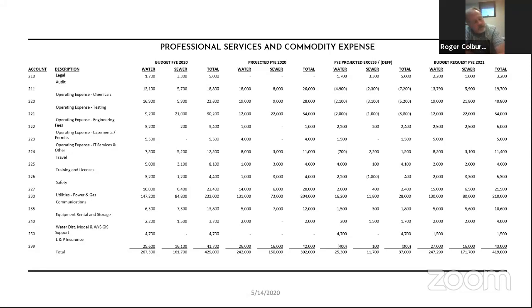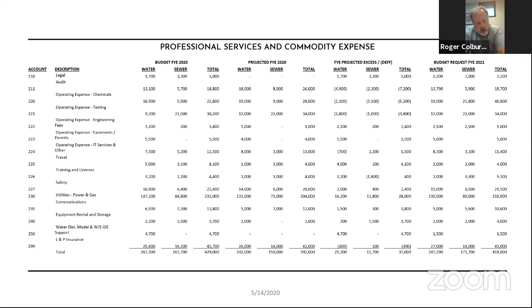I left it in there because we're getting near to the end of our agreed order, and I assume that we may need some legal assistance if we need to do some negotiations there. I do know that we're going to try to reopen our permit and change our monitoring point down towards the river from the plant. We believe that's the best thing to do to try to rectify our E. coli compliance issues we've been having. That said, if we needed to go cutting, we could probably cut on that item.